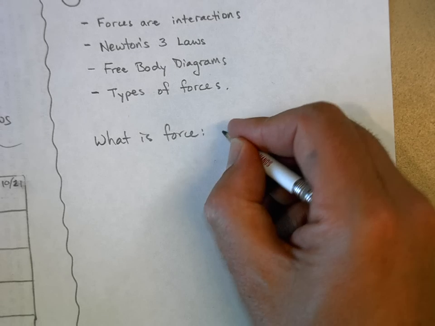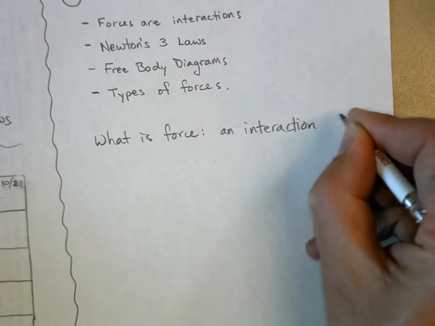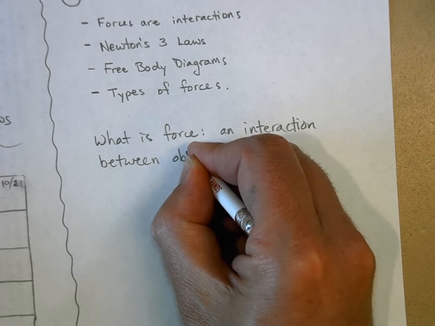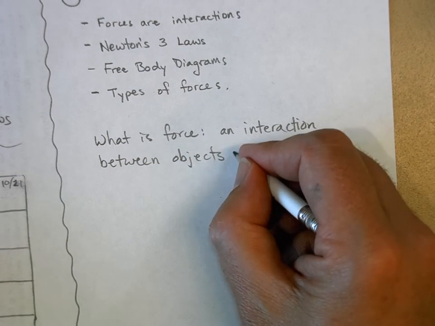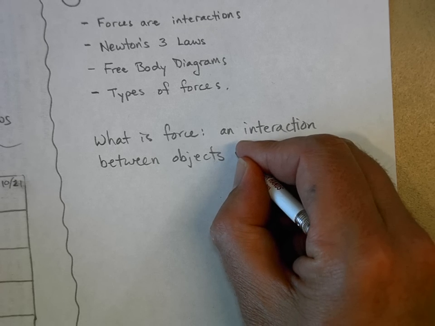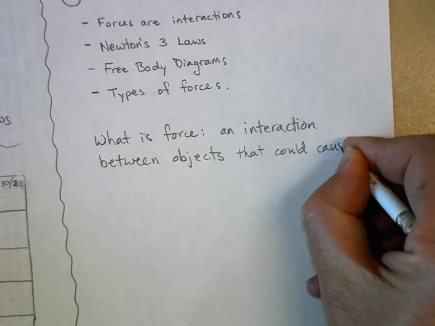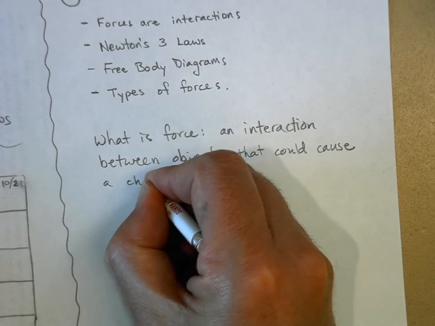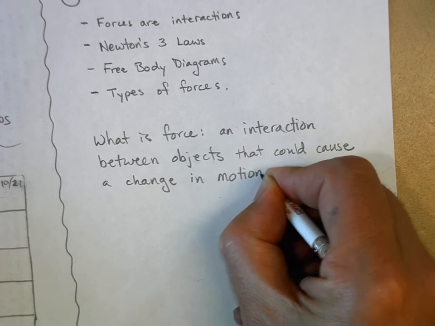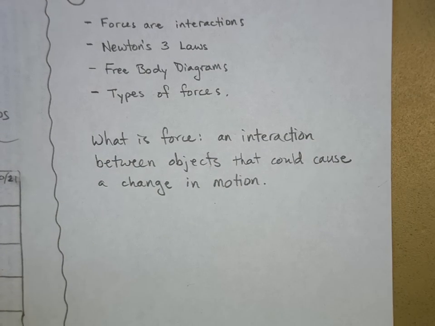A force is an interaction between objects, an interaction between objects that could cause a change in motion. So I want you to think of a force as being an interaction between different objects.